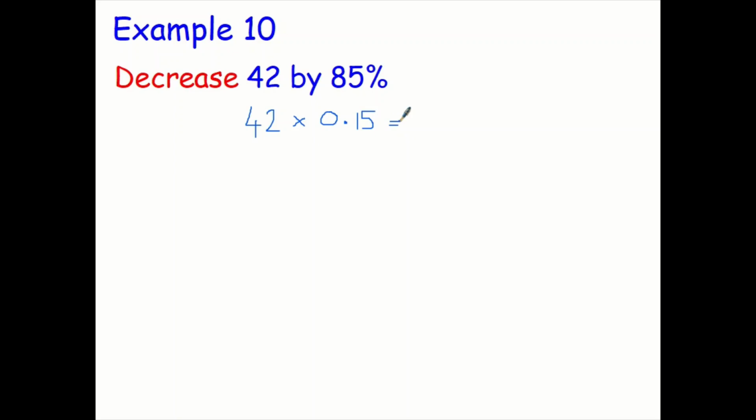If this is on a non-calculator paper, obviously do this as a written method, but if you're lucky enough to have it on a calculator paper, then you just need to do 42 multiplied by 0.15 on your calculator, and you would get 6.3. 6.3 is your answer to that question.